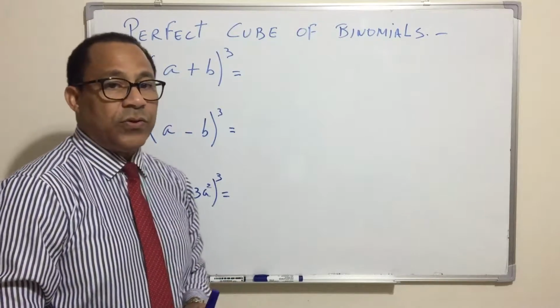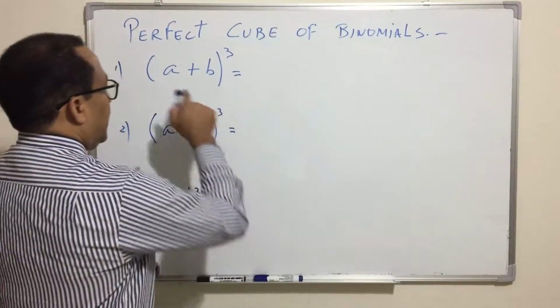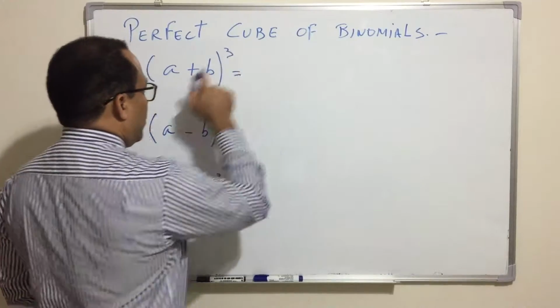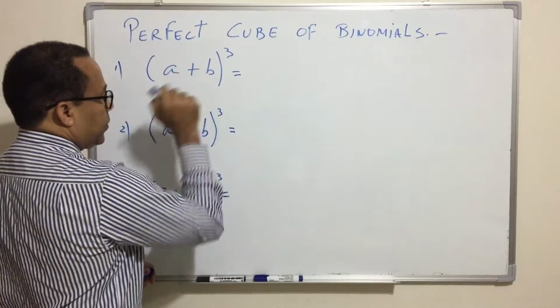And it is factored as follows. A plus b to the third power. First term, second term.